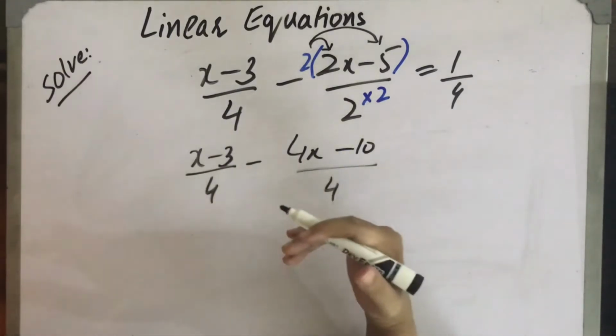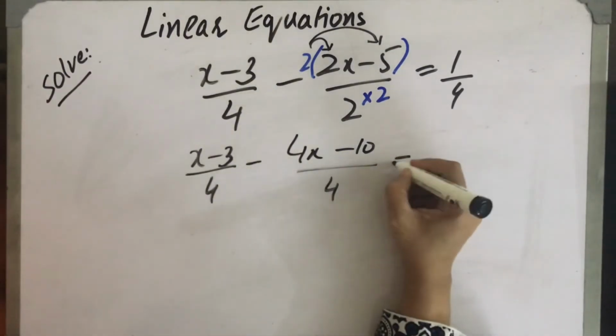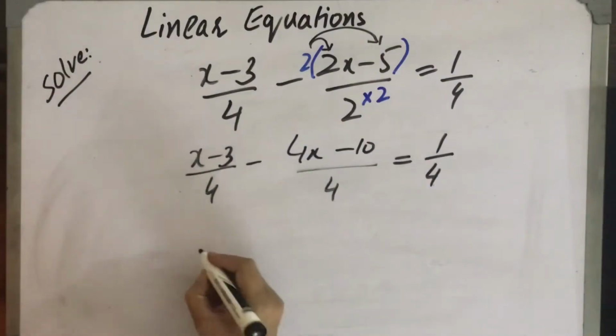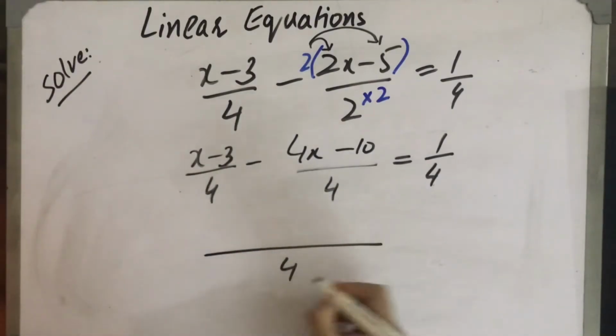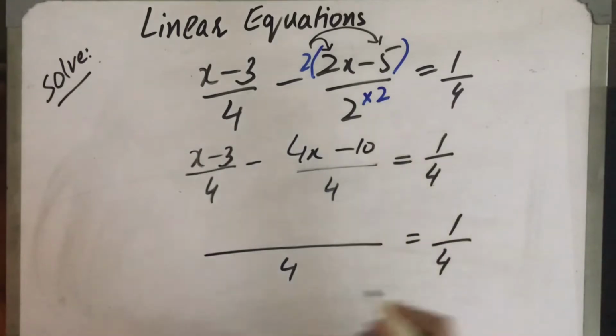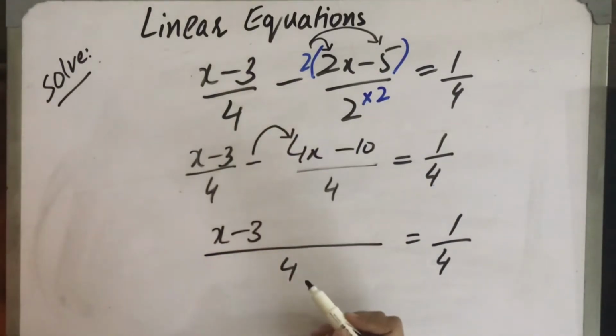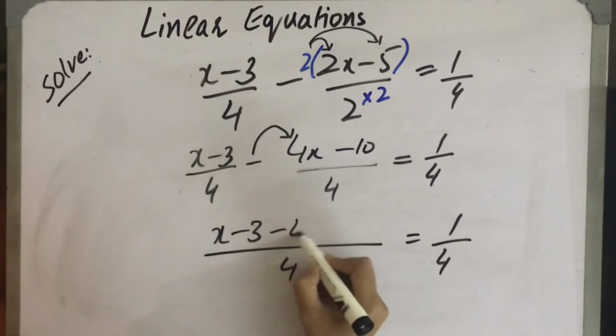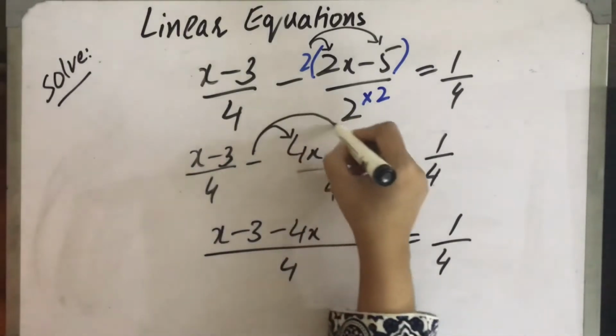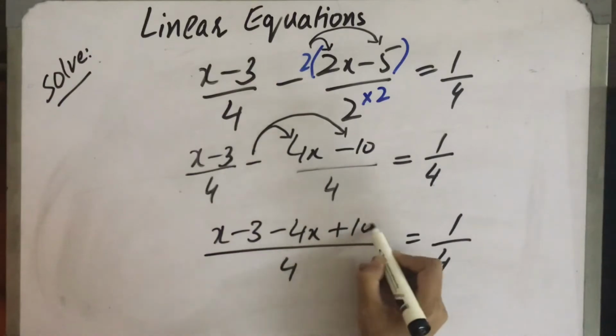When I bring them on the same fraction, then I shall change the signs. I shall write x minus 3 as it is. This minus sign will change 4x into a negative number, and this 10 will become a positive number.